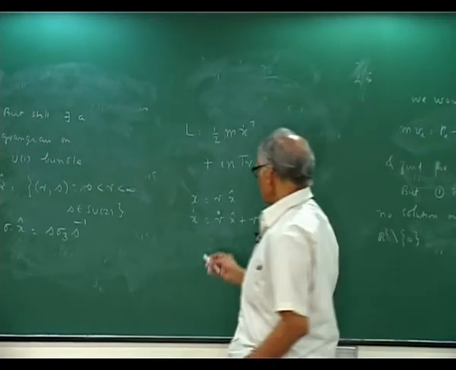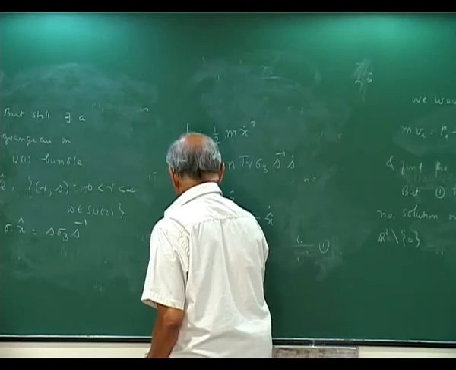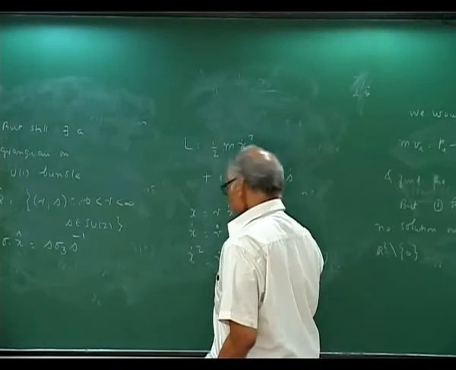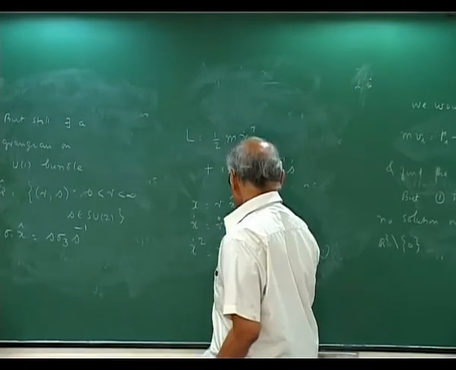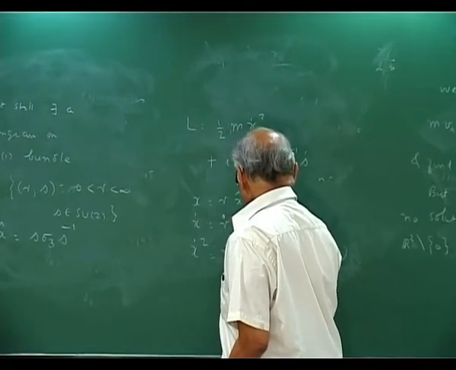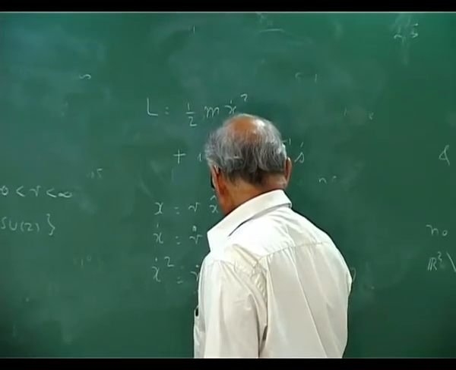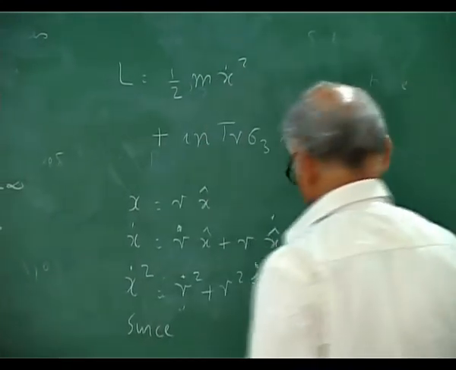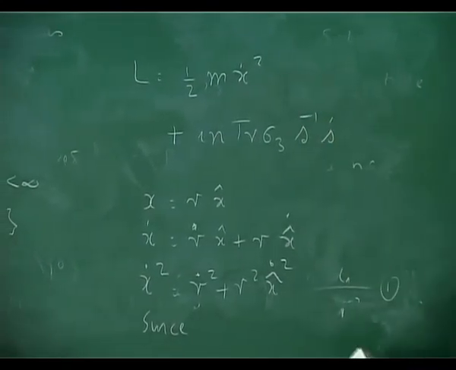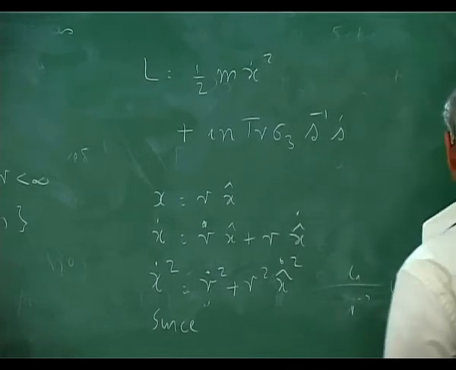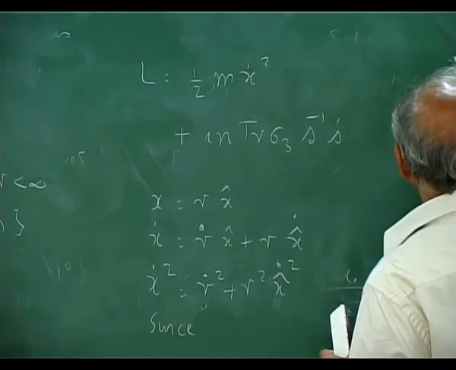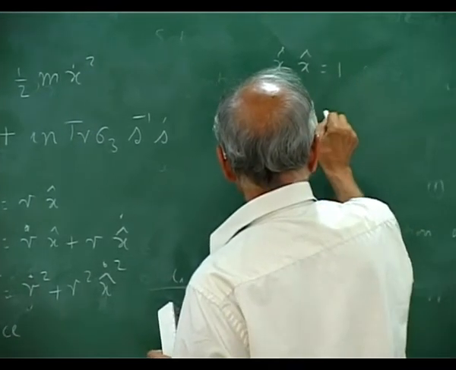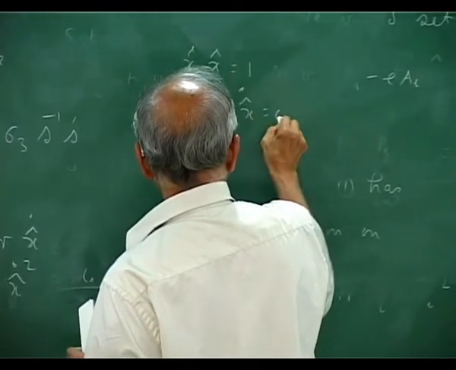So x dot squared is r dot squared, but the cross term is 0, I'll tell you, plus r squared x hat dot squared, since by differentiating the normalization, that is x hat dot x hat is equal to 1, implies x hat dot x hat dot is 0.